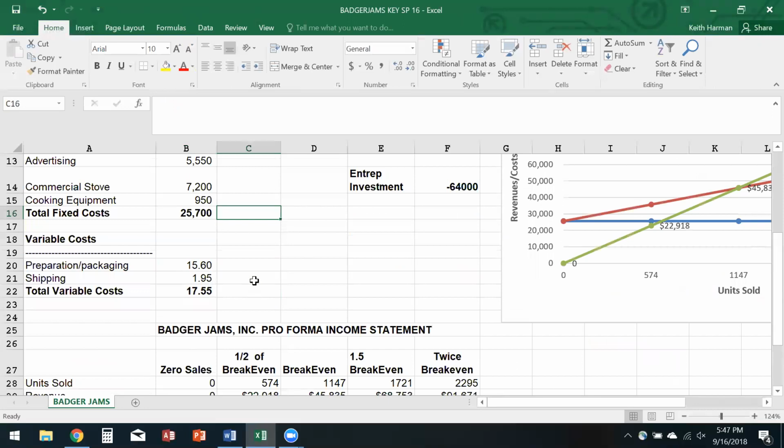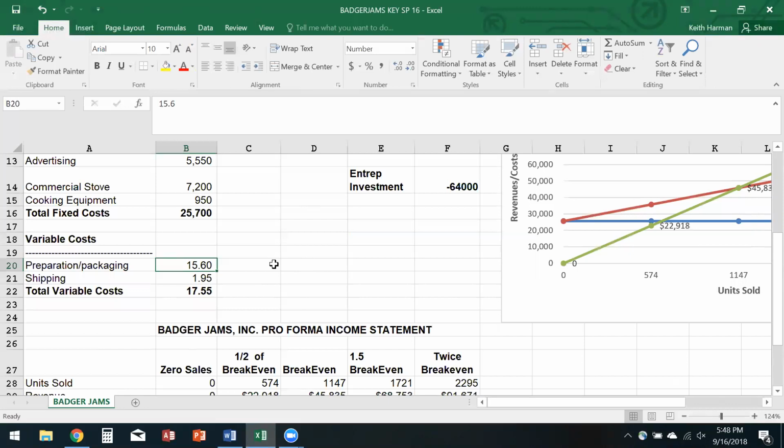Now, if we sell this stuff, if we have people actually buy it, well, first of all, we've got to make it. If we put advertising out and say, order Badger jams or whatever, and people respond to the ad, we better be able to make it and get it to them real quick.